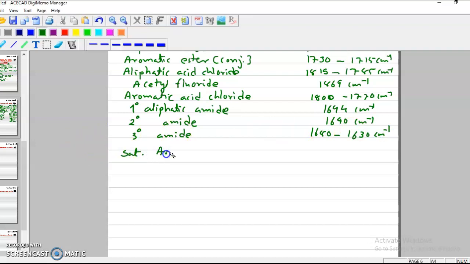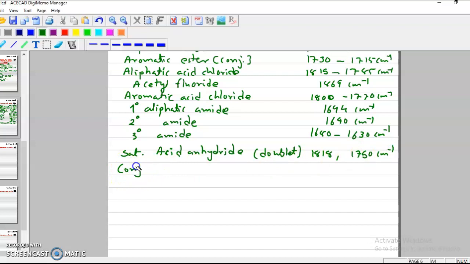Saturated acid anhydride, here we will always observe a doublet because there are two CO groups. So in case of saturated acid anhydride, we will observe bands at 1818 and 1750 cm⁻¹.